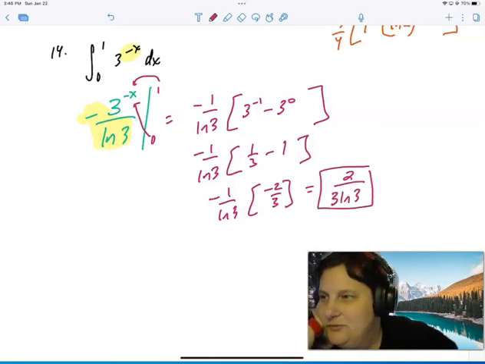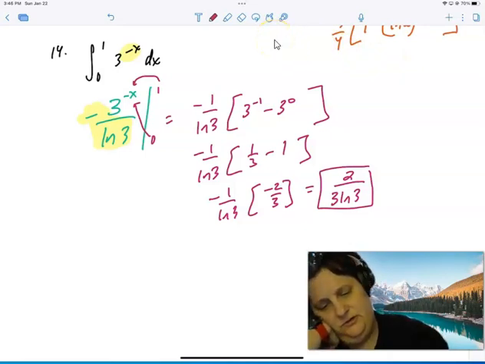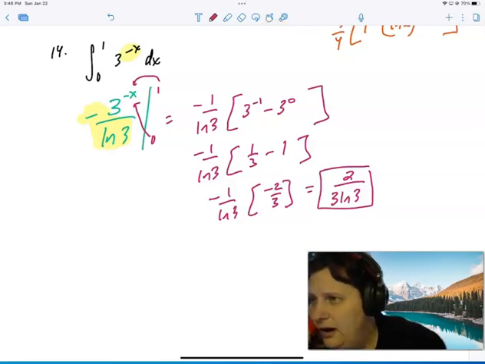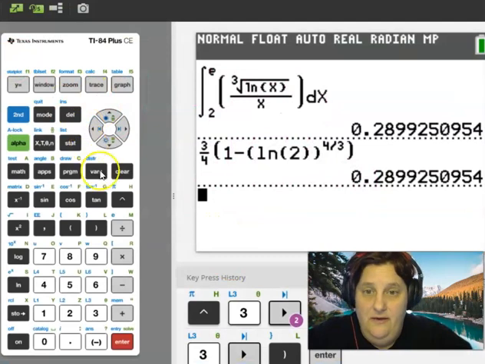That's what my guess would be that they would put on a multiple choice test. Hang on a minute. Negative 2/3, positive 2 over 3 ln 3. Yeah, that's right.